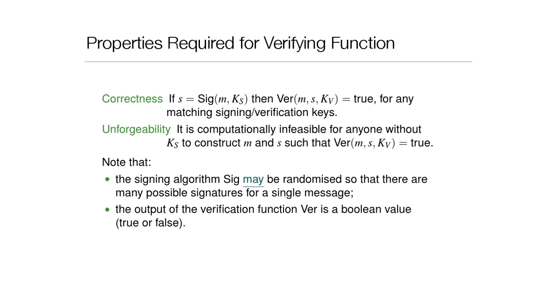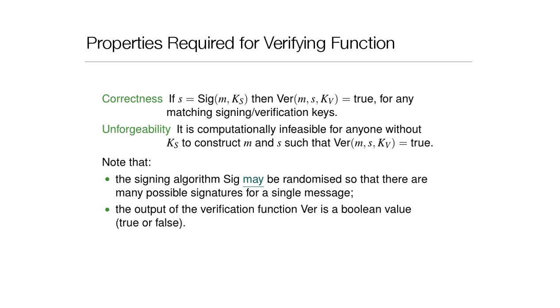And note that the signing algorithm SIG may be randomized so that there are many possible signatures for a single message. Otherwise, by having message and signature pairs as a dictionary, a person can forge using that dictionary. So it is required that the signature generation algorithm should be randomized, or what we call a probabilistic algorithm.